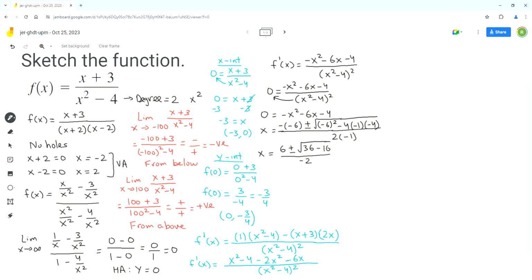Now under the square root, 36 minus 16 is 20, and we get two cases.